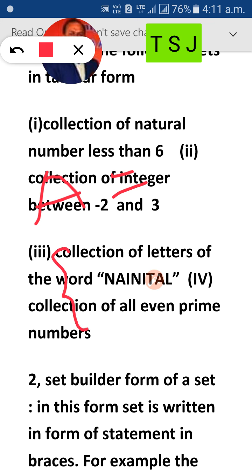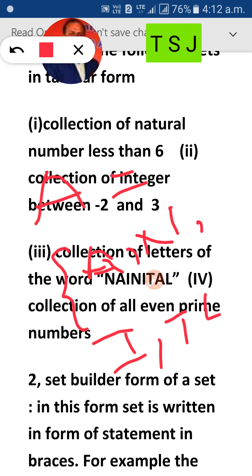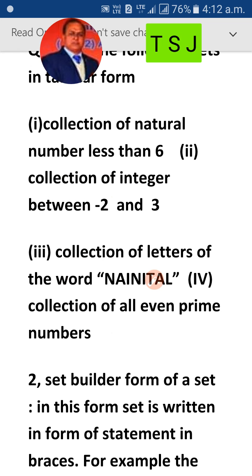Suppose this is the third example, the collection of letters of the word Nainital. Here A is used, N is used, I is used, comma, T is used, L is used, and you will put all the elements in braces. So this way you have to write all these sets in tabular or roster form.